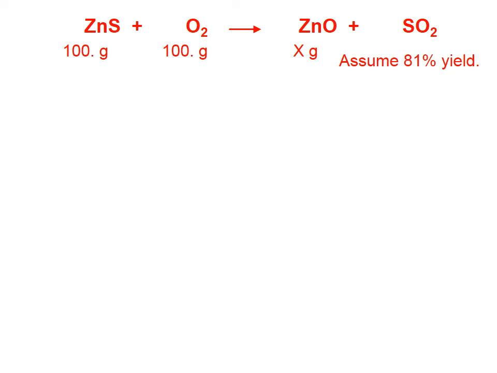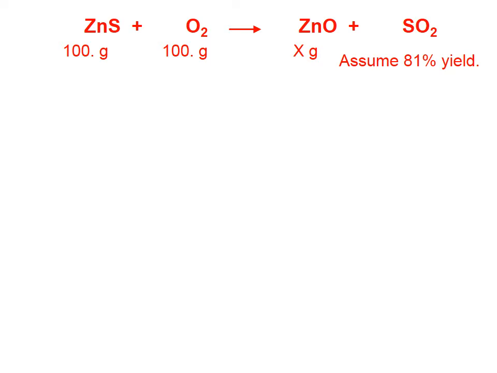In other words, we're going to calculate the amount of zinc oxide that we should get if the reaction goes perfectly. But then we're told that the reaction isn't 100% perfect, it's only 81% perfect. So we're going to have to take that into account when we determine the actual mass of zinc oxide that's produced.